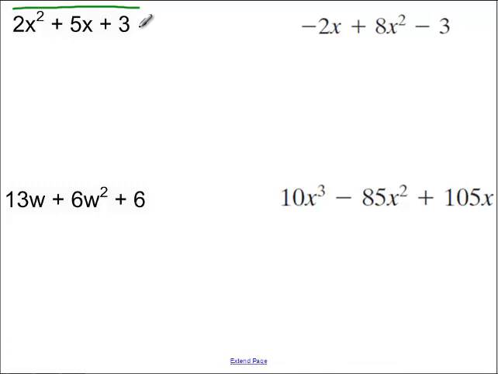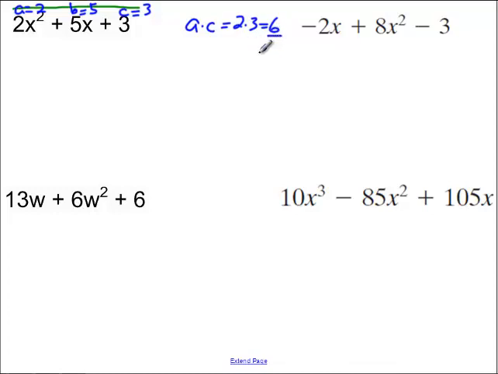All right, step number 2 would be to write AC, and we'll find out what A times C is. A is equal to 2. C is equal to 3. And just for fun, we'll write B here. B is equal to 5. So our AC is 2 times 3 equals 6. Well, let's write down the factors of 6.